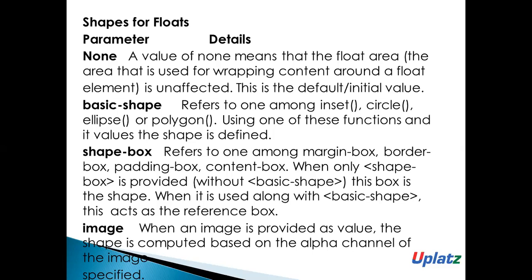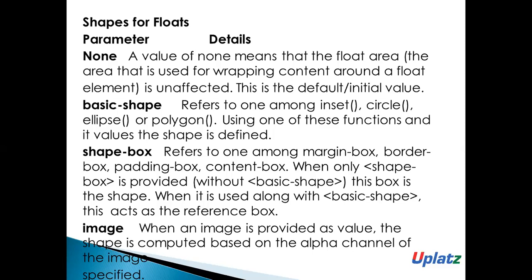Shape box is referred to one among margin box, border box, padding box or content box. When only shape box is provided without any basic shape, this box is the shape. When it is used along with basic shape, it acts as a reference box also.